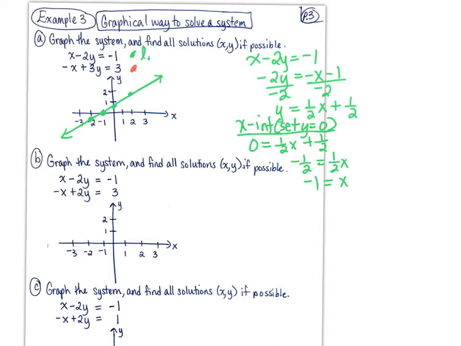Okay, so we can call that L1, line 1. And then we want to find L2, let's call it. Would you like a minute to graph that one? Go for it. So now to graph L2, we have negative x plus 3y equals 3. What should we do? Add x.